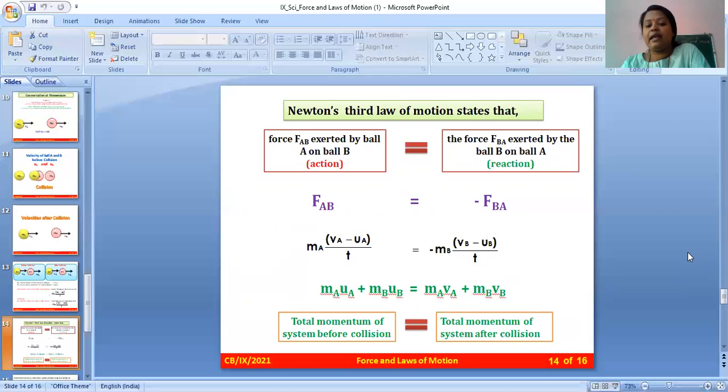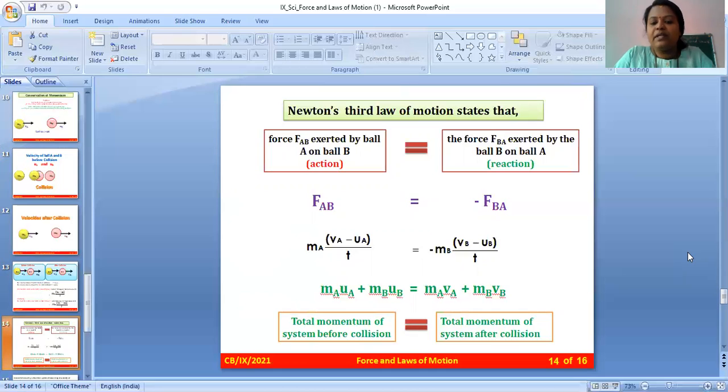So you say that mA(vA minus uA) upon t is equal to minus mB(vB minus uB) upon t. We can simplify this, as the time taken cancels on both sides. So you have the equation mAuA plus mBuB equals mAvA plus mBvB. What do we notice here?